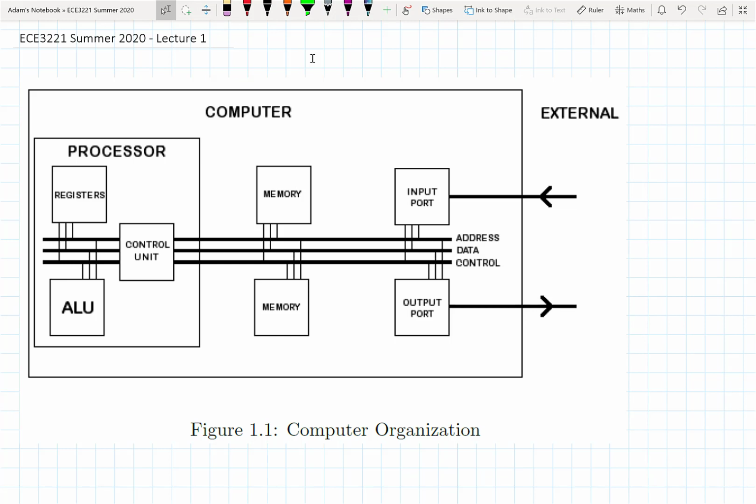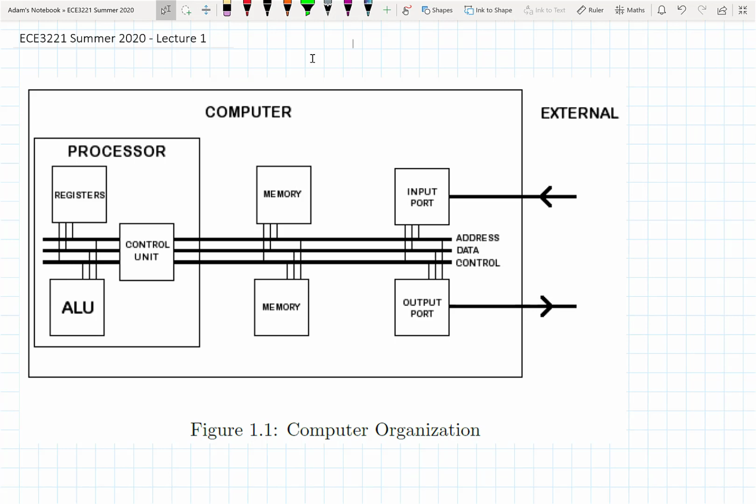We will eventually work our way up to an ALU. We'll talk about input ports, output ports, memory, and then we'll talk about how the control unit works in this system. You can see each of those small individual blocks.